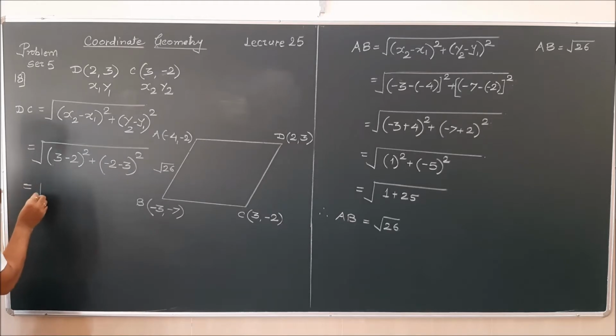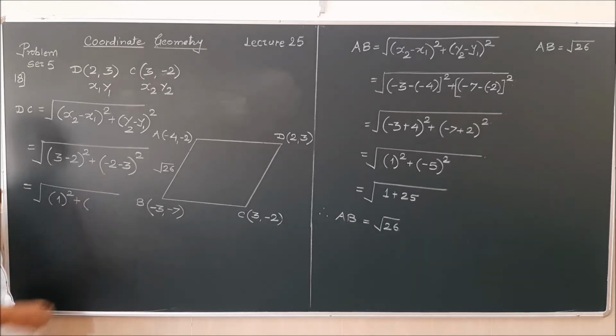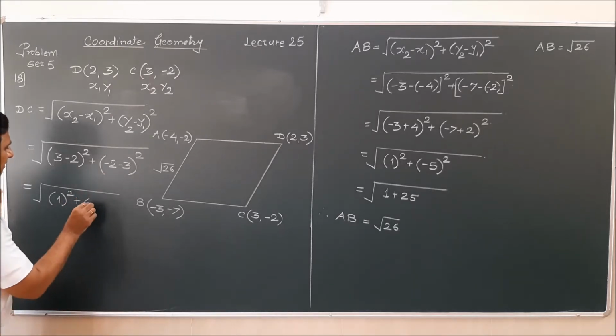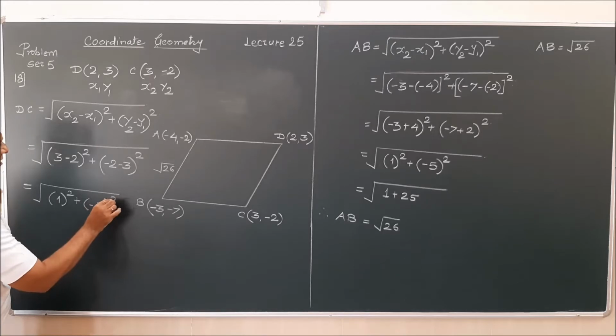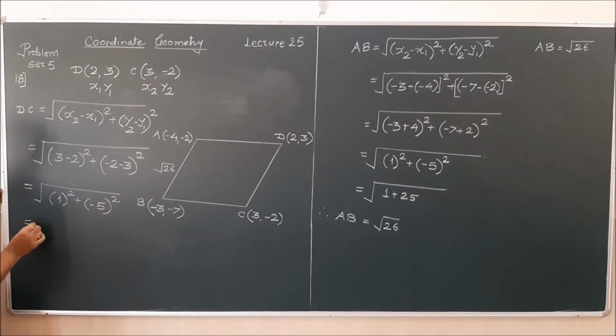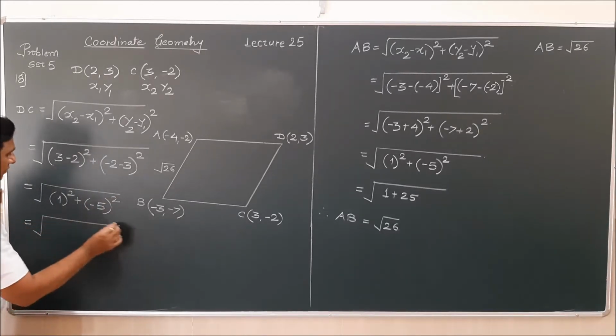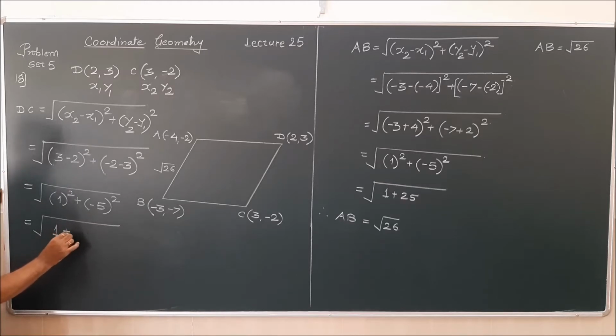Next step is 3 minus 2 is 1. Naturally, 1 square is 1. Minus 2 minus 3 is minus 5. That is equal to 1 plus 25.